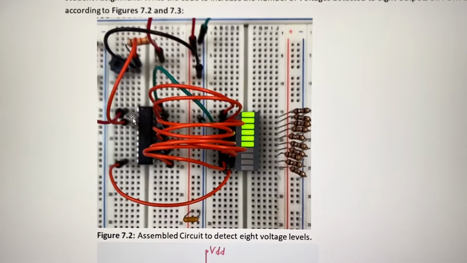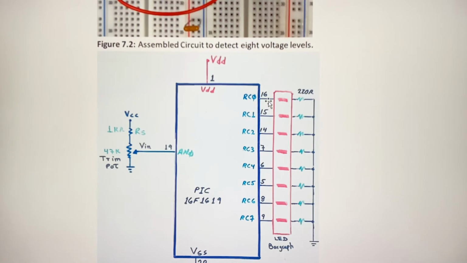So this is how you do the wiring for the 4, or in this case 5 LEDs. We're not using that one. And this is in case you need to increase it to more levels.